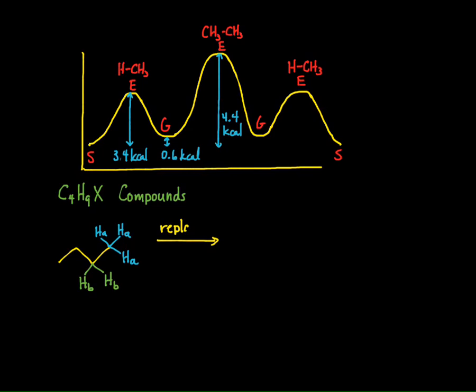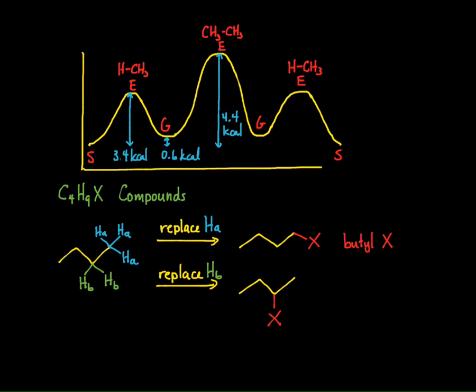When we replace HA, right, we simply get this. And we call these butyl compounds. So butyl alcohol, butyl amine, butyl chloride, butyl bromide. However, when we replace HB with a substituent, we get this.